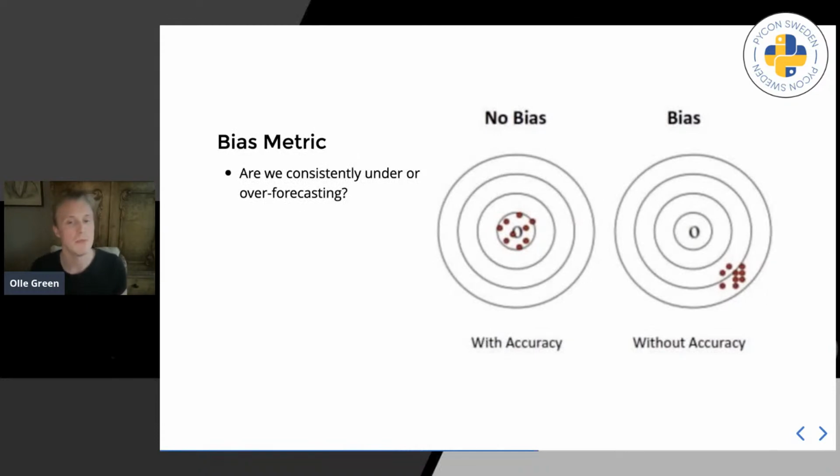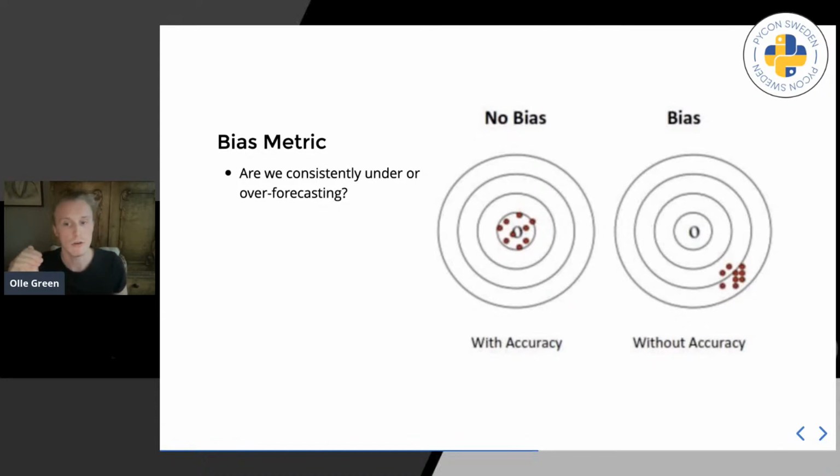The other thing that we missed in our quick analysis is that we just said that we wanted accuracy. However, there's something also very important when we talk about time series analysis, and that's the bias metric. In this case, do we have something that is consistently missing the target? So we have the dartboard to the left here, we are hitting it all the time. We have no bias, we have full accuracy, brilliantly made.